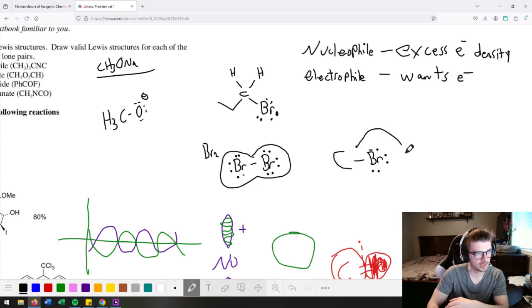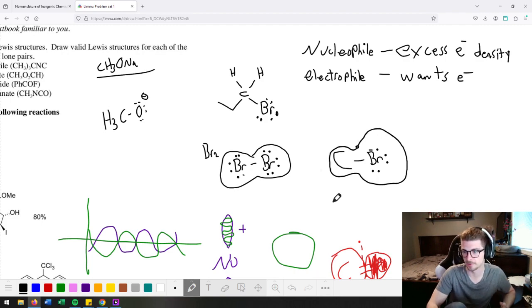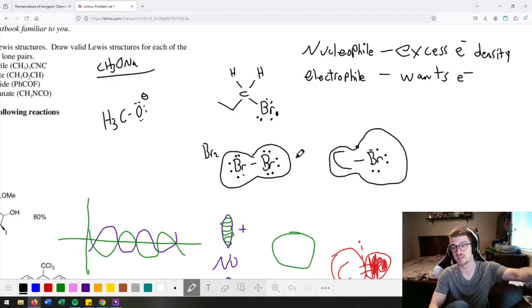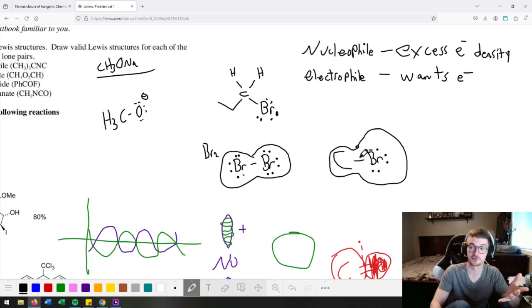So you're going to have a large lobe of electron density around the bromine and a small one around the carbon. This is certainly exaggerated, but it shows that the electron density that was equal around the bromines is not equal when it is in a bond with an atom that's less electronegative than it. So carbon is less electronegative.